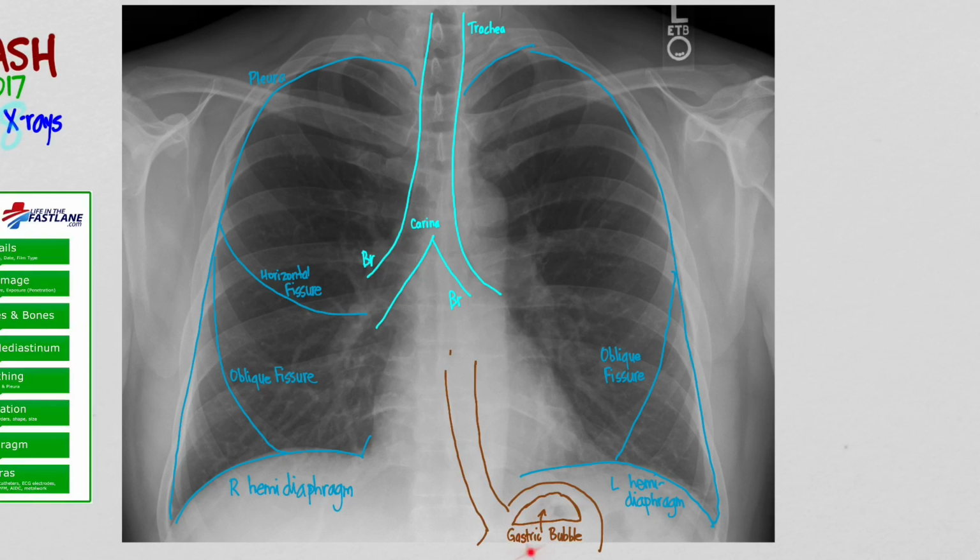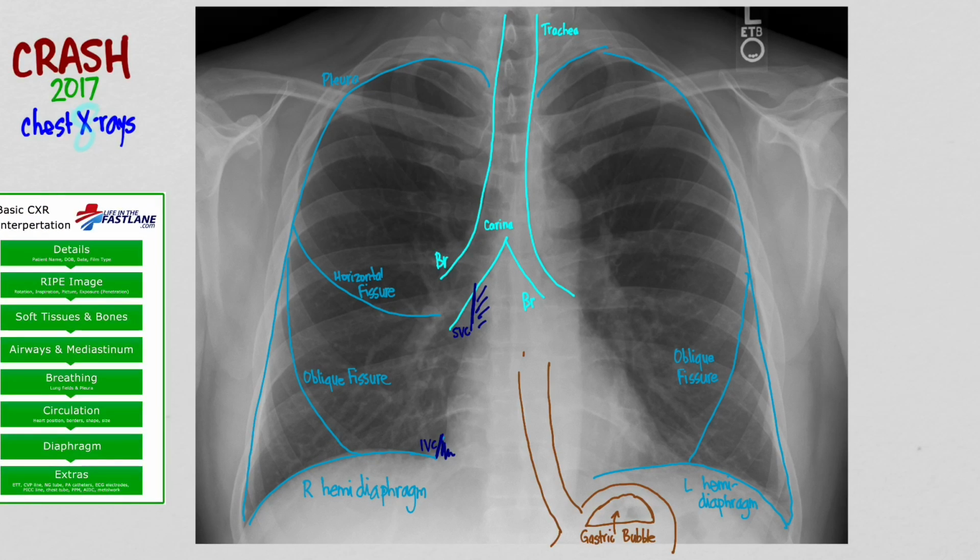And here you'll see the gastric bubble, so that's the stomach and the esophagus. And you can see part of the superior and the inferior vena cava here. And I drew in the heart and its various structures, and so you can see here's the right atrium, and the right ventricle is actually in front, so you can't really see any contour of it, but I guess it's right there. Then the left atrium, the left ventricle here, and the aorta here, and you'll see this little ballooning out thing, and that's called the aortic knob.